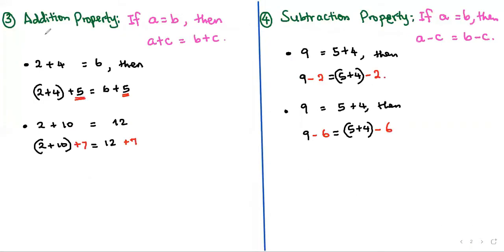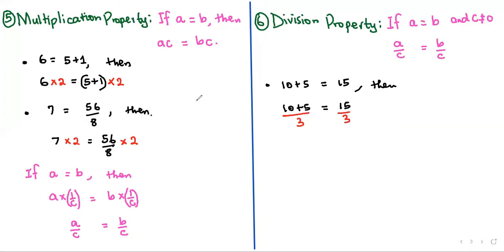Number 3, addition property. Number 4, subtraction property. Number 5, multiplication property. Okay. And then number 6, division property.